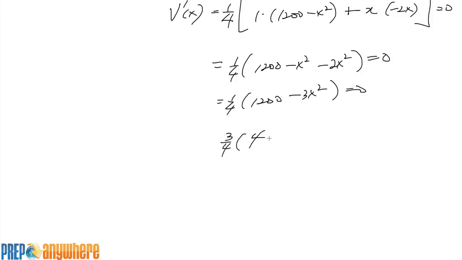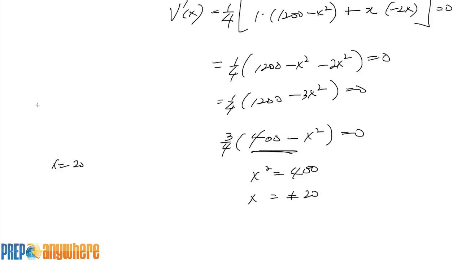You get 400 minus x squared is equal to 0, which means x squared will have to equal 400, which means x is equal to plus or minus 20. But of course, we're talking about a geometry problem here, so we don't need to consider the minus 20. Okay. So how do I know that x equal to 20 will actually give you a maximum volume?